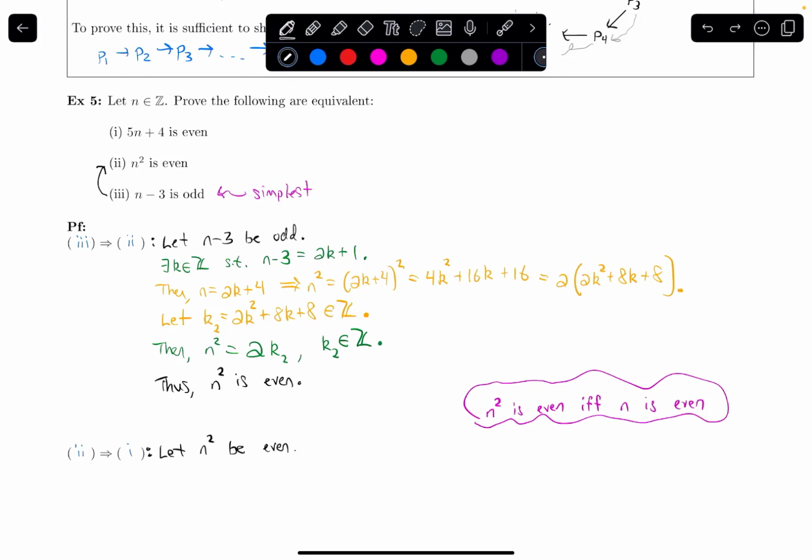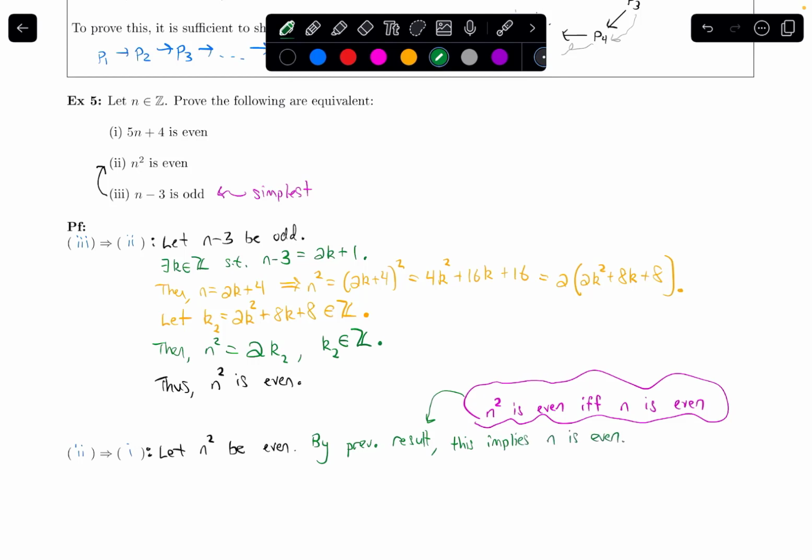Okay. So this means, by the previous result, this result right here, this implies that n is even.